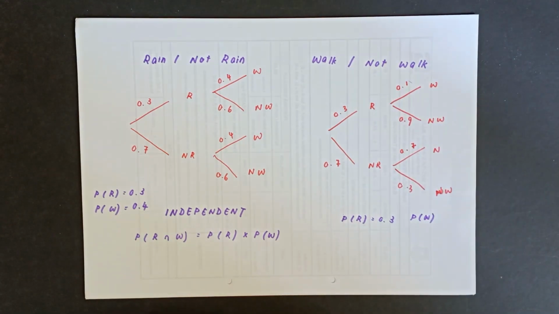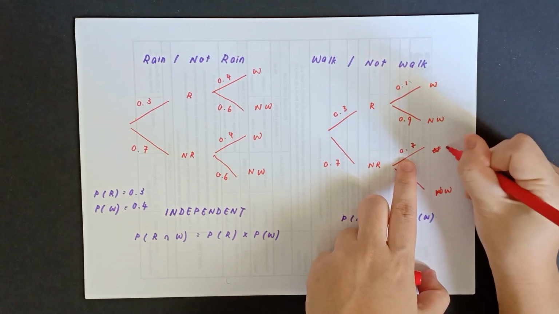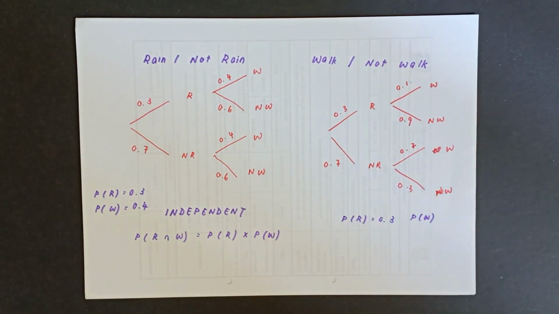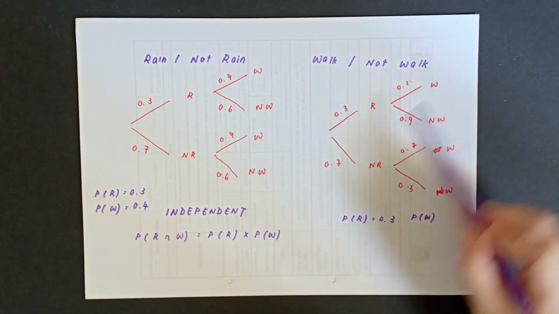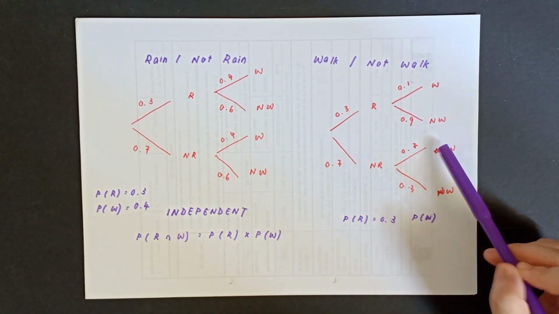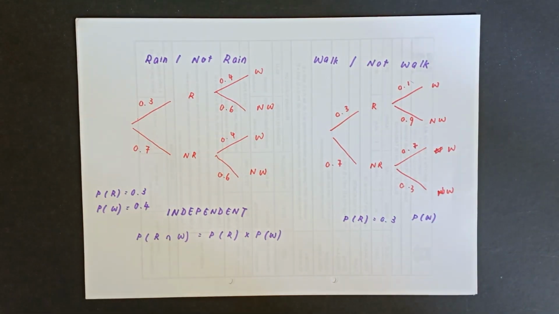Sorry, this is W. I cannot decide whether it's 0.1 or 0.7. What I need to do is add up here and add up here, because these are both scenarios in which I will walk to school.